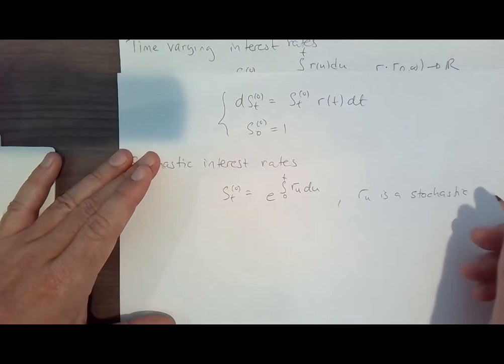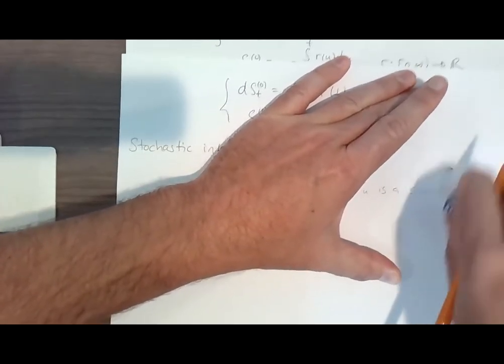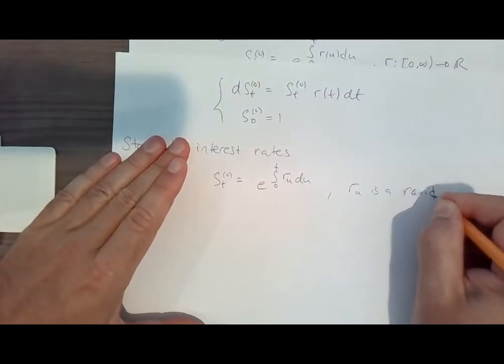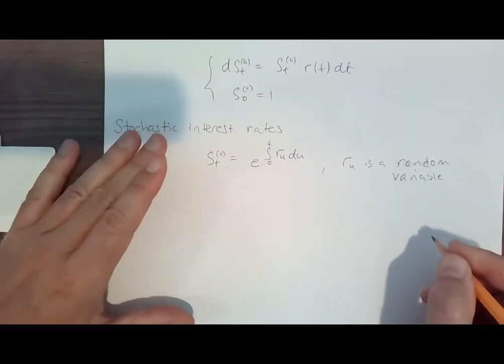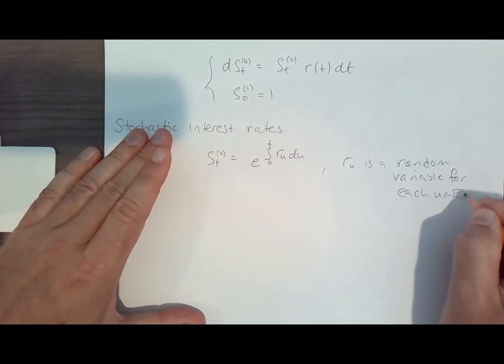So this is a random variable. R(u) is a random variable, for each u.